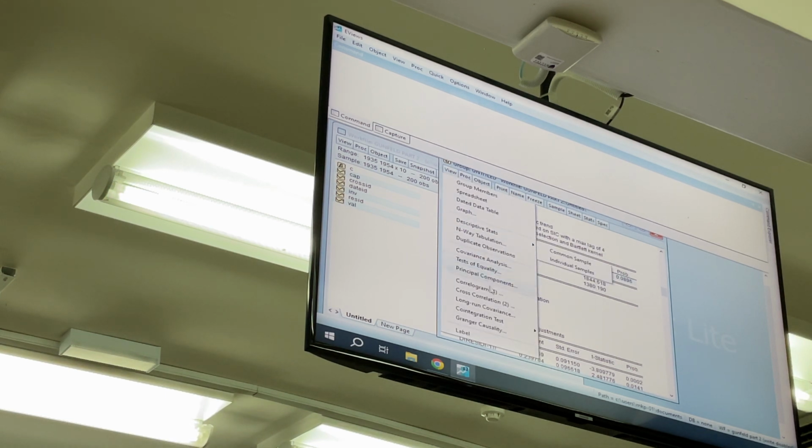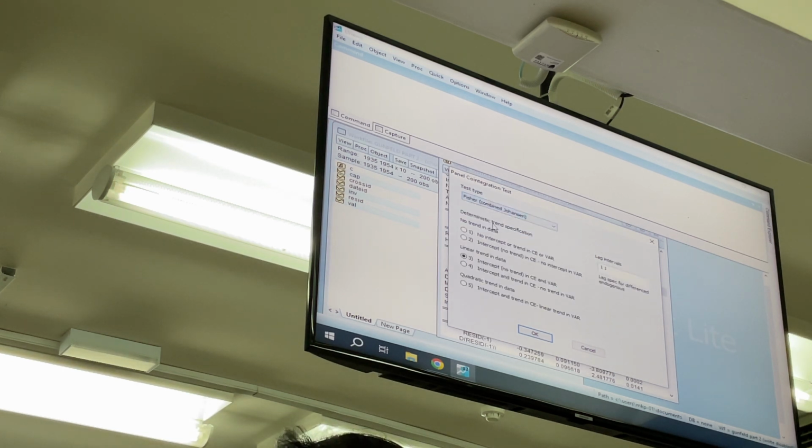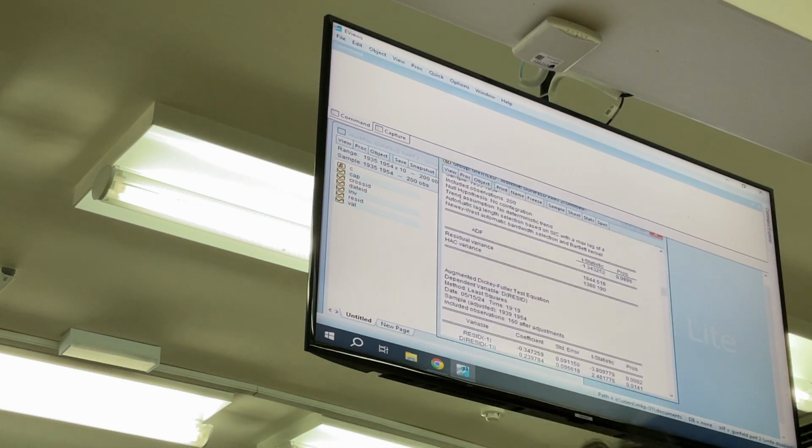Cointegration and long-run covariance. If you click on this test tab number 3, it is a feature. These are the things we are going to discuss after the break.